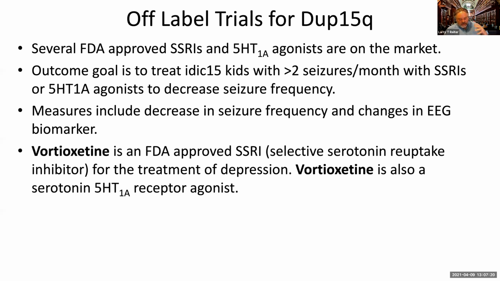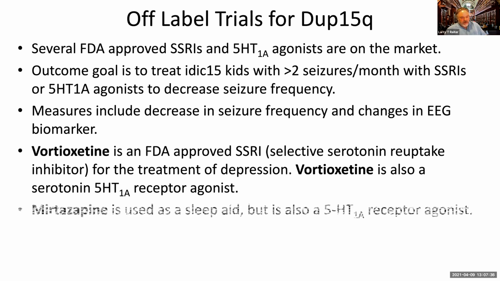So the drugs that we're really talking about at the moment, unfortunately, vortioxetine is going off patent. So the company that owns the patent's really not very interested in doing an off-label trial. I think it's a really good candidate, but there are other candidates. So mirtazapine is a sleep aid. It's already been shown to be somewhat effective in kids with Angelman syndrome.